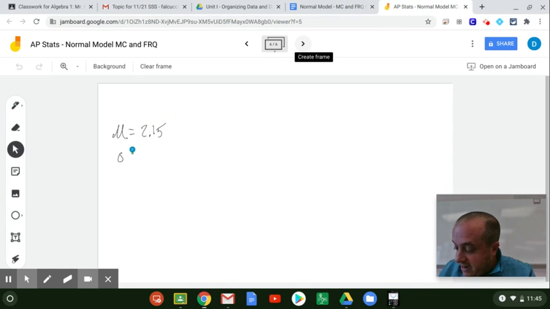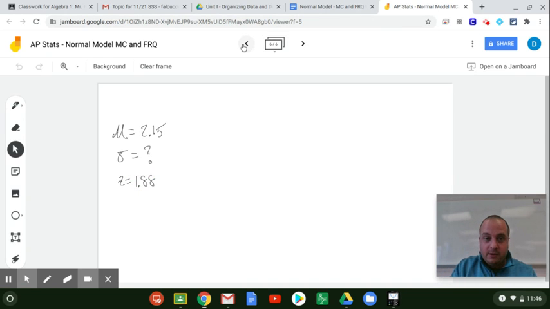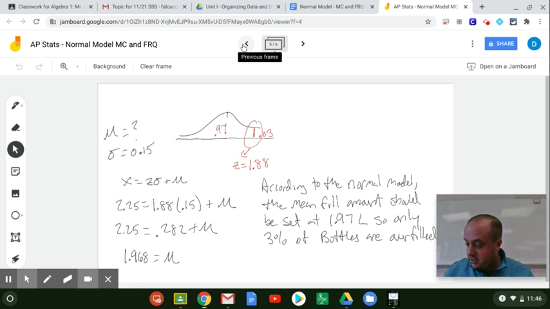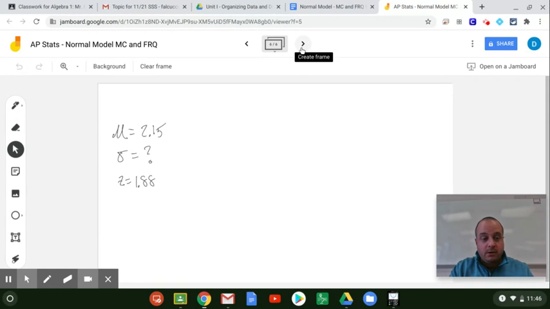I need to find out what my standard deviation should be. And I know that my z-score we just found last time was 1.88 for 3% above. I can use that same z-score value here.